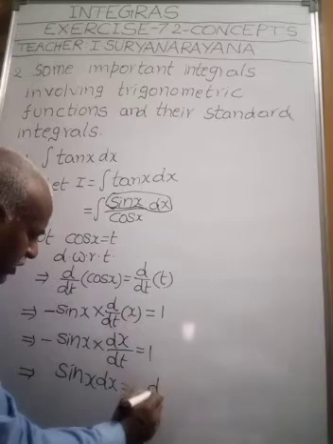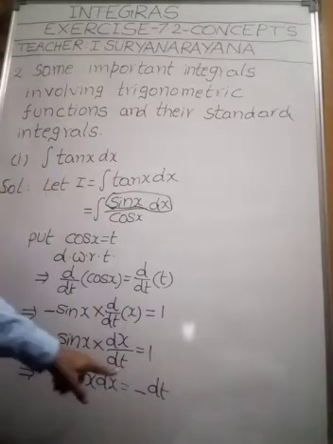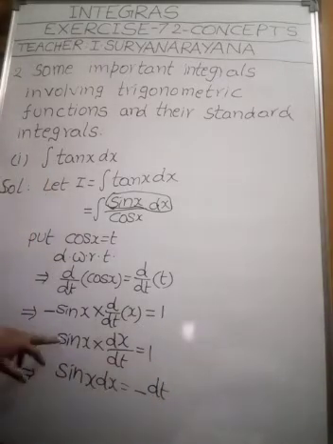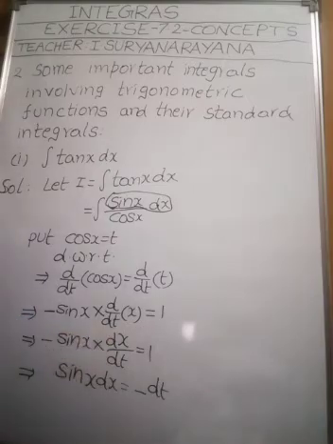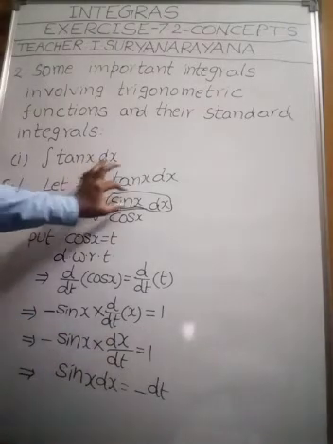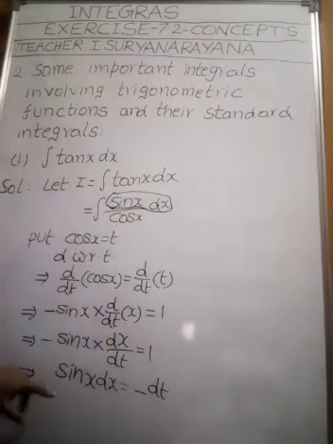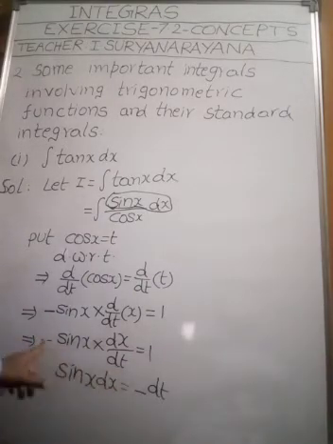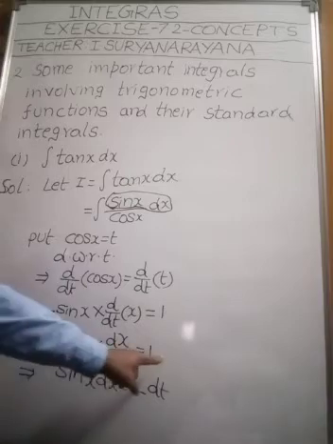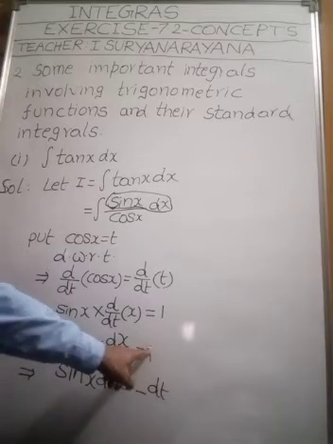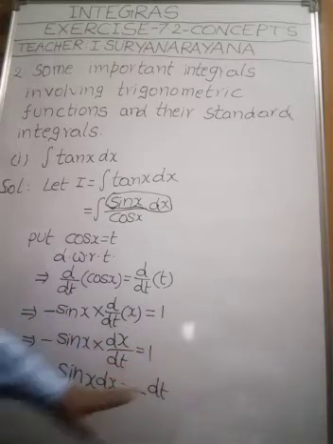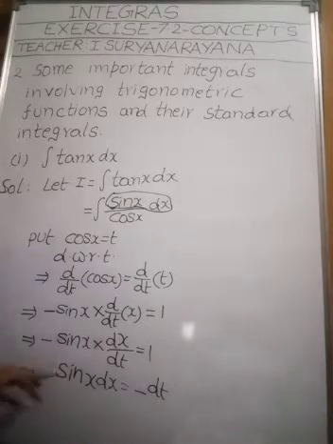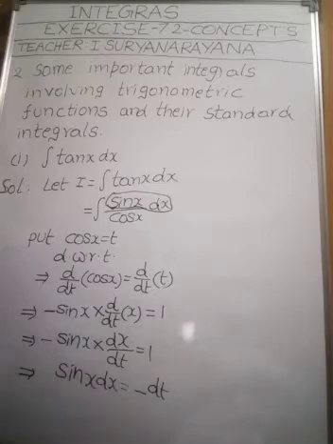Minus dt. Understood this step, my children? Here in the numerator sin x dx is there. So sin x dx is equal to minus, we are sending 1 by dt that side, so 1 into dt, we get minus also that side. Understood this step, my children? So we got here sin x dx is equal to minus dt. Understood this step, my children?